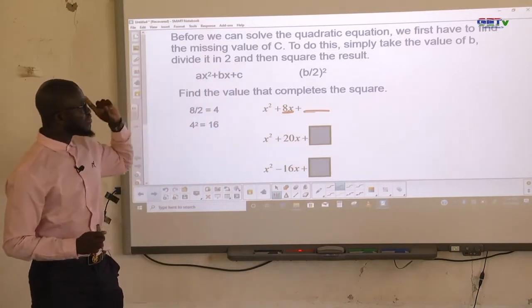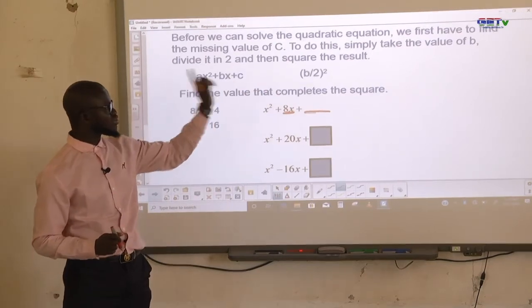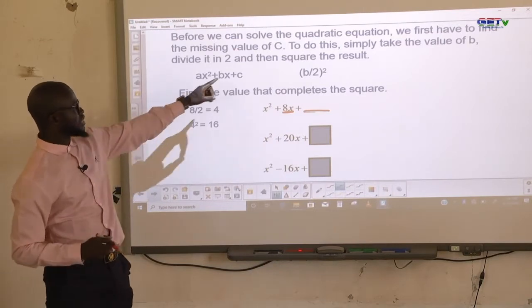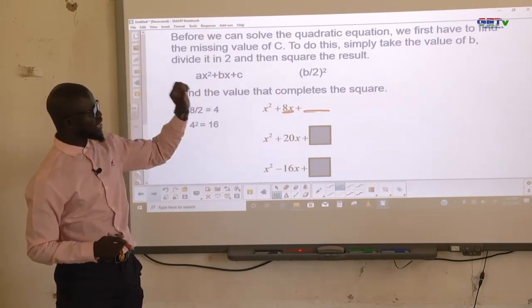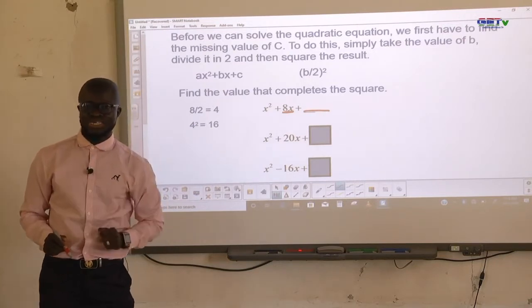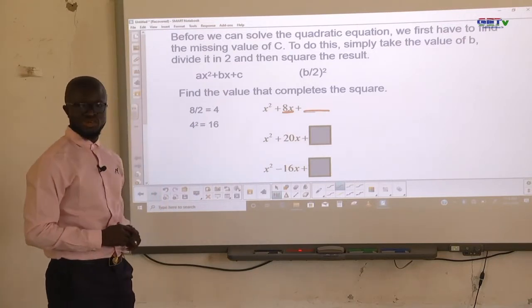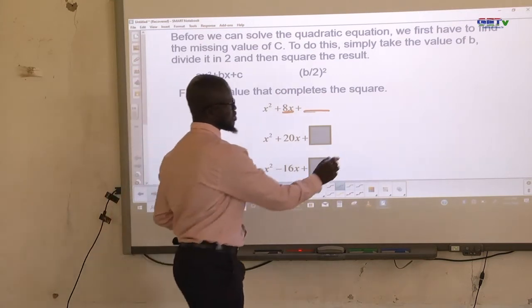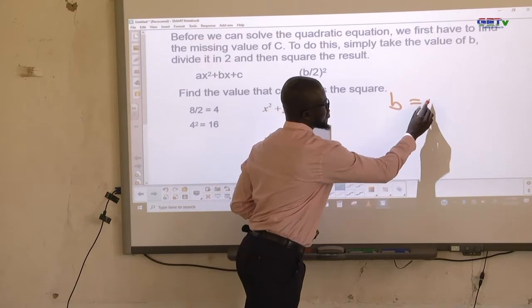You are warned, before we can solve quadratic equations, we first find the missing value. And to get that value, I said simply take the value of what? B. Who can tell what's the value of B in this expression? By looking at the expression, the value of B equals 8.